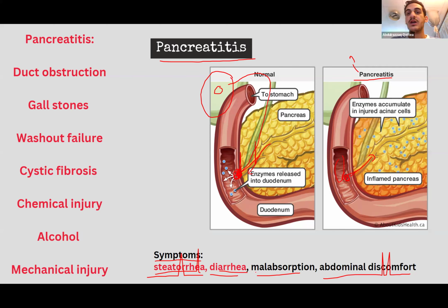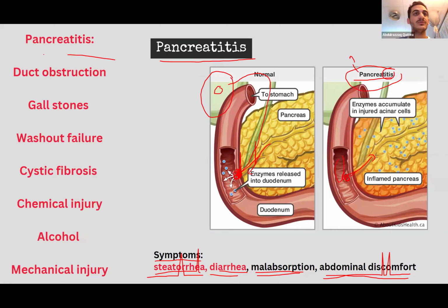And then diarrhea and malabsorption, of course, because there are no enzymes that can digest the food coming from the duodenum, and abdominal discomfort because pancreatitis is inflammation of the pancreas. If we put itis after any word, it means there's inflammation.